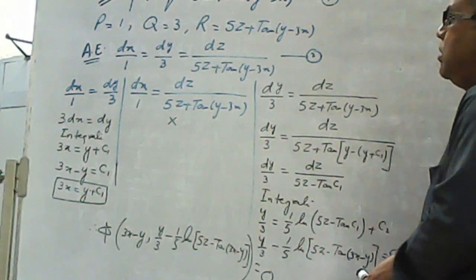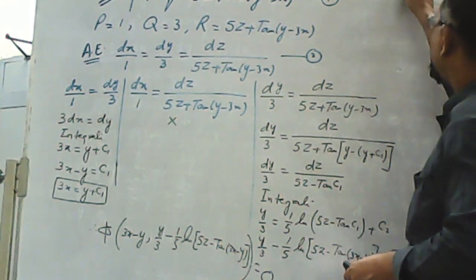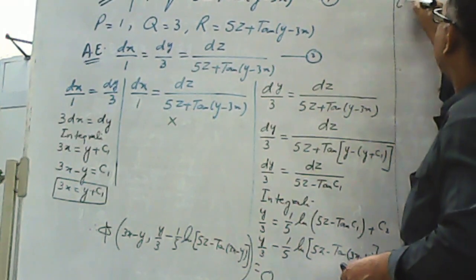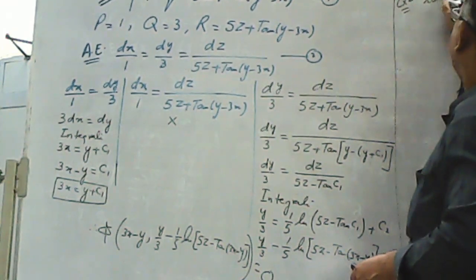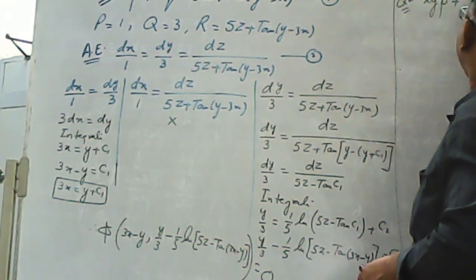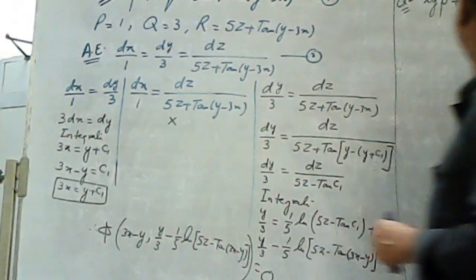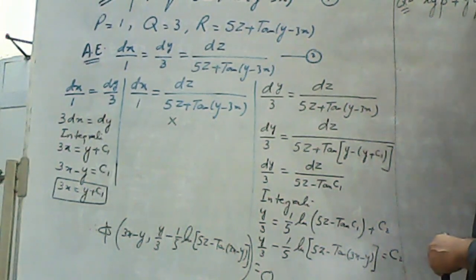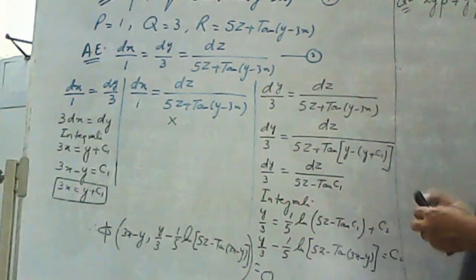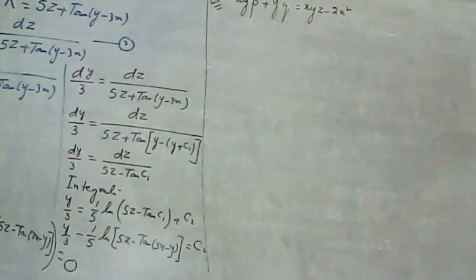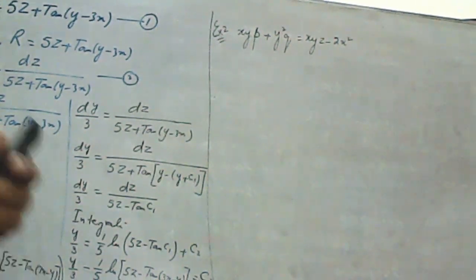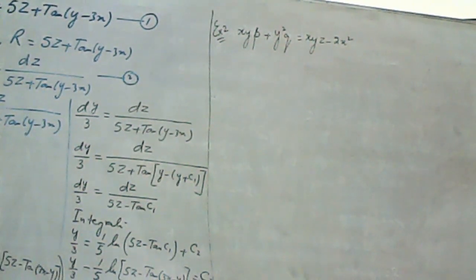Example number 2: xyp plus y square q equal to xyz minus 2x square. This is example number 2.